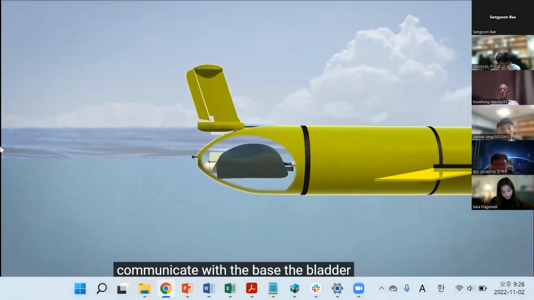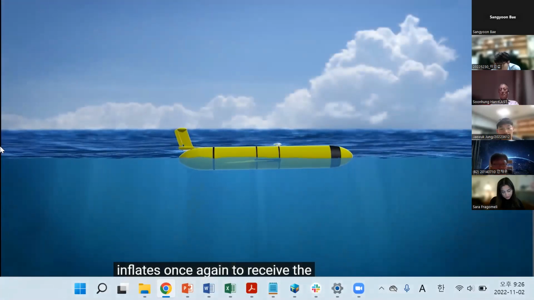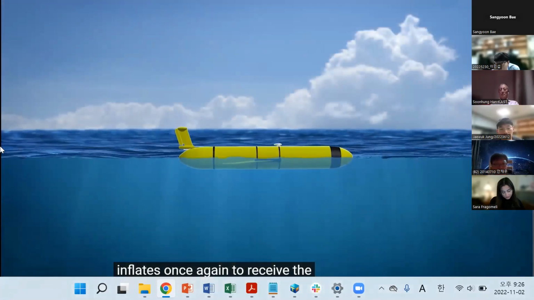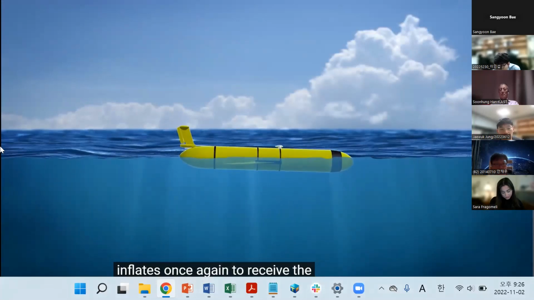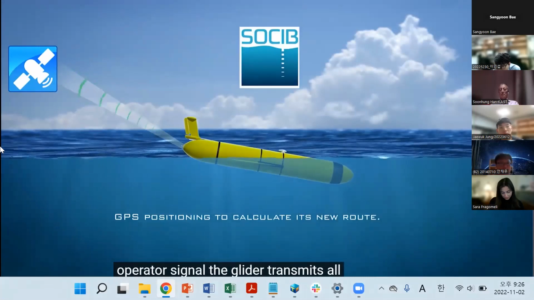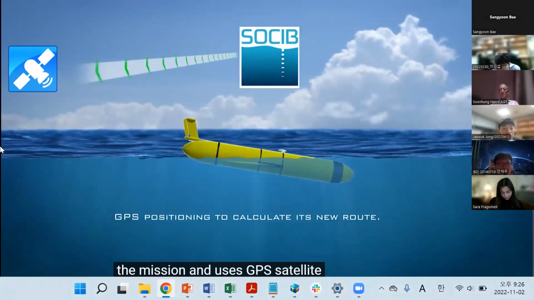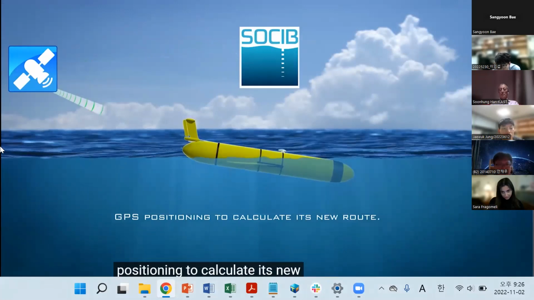The bladder inflates once again to receive the operator signal. The glider transmits all the data collected, receives updates for the mission, and uses GPS satellite positioning to calculate its new trajectory before starting a new immersion.